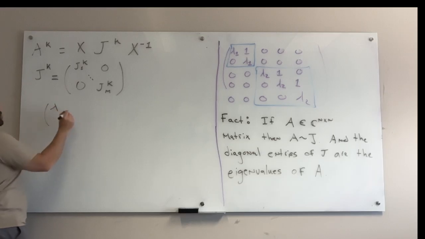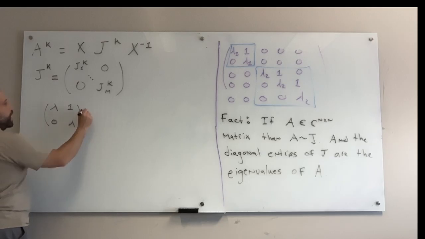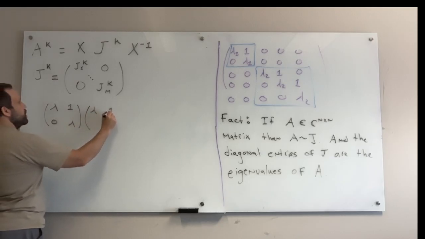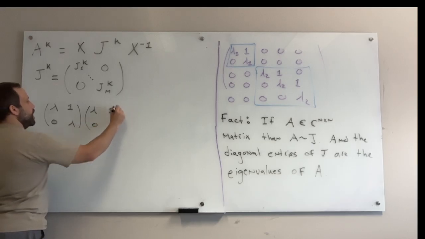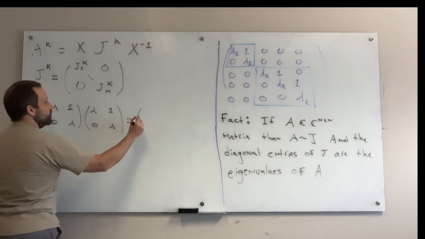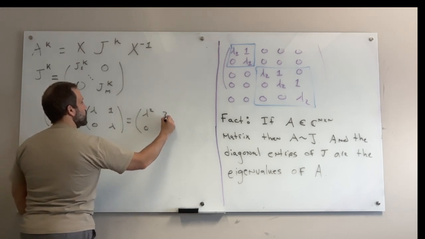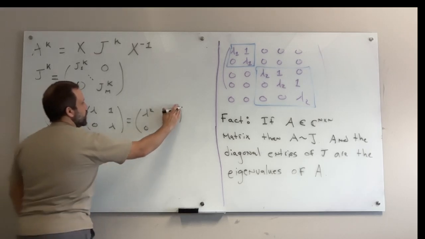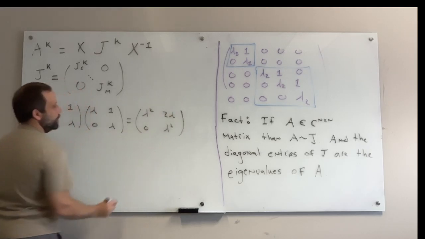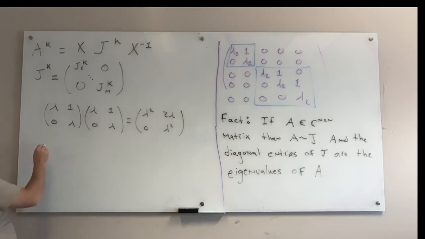So let's say I have a 2x2 Jordan block, lambda, 1, 0, lambda, and I want to square it. I'm going to have lambda, 1, 0, lambda times lambda, 1, 0, lambda. And if you do this, you're going to get lambda squared here, 0, lambda squared here, and 2 lambda here. Okay, now let's say you want to cube it.